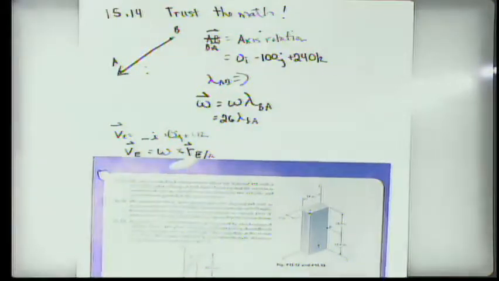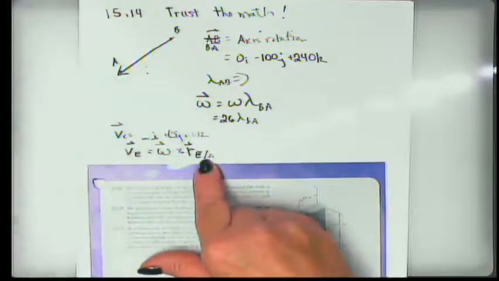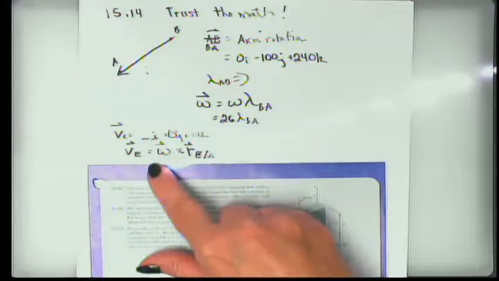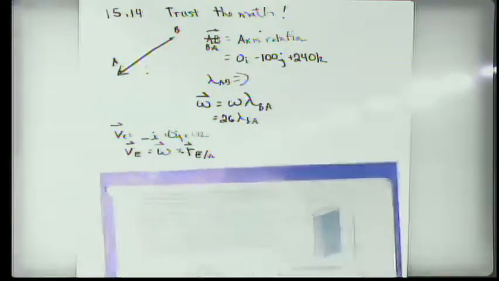And so if we just think about the rotation of point E about point A, and we know what this omega is going to be, which is going to be a vector, and then we can come up with this vector, we can do that cross product and find the velocity of E. And then if we do that, we can do the differentiation and find the acceleration.